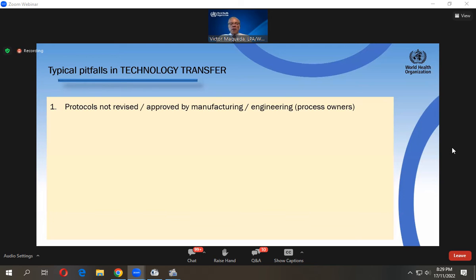The important thing is to understand which is the impact, or what should each approver or reviewer do in terms of the document. So this is a typical one that is part of the tech transfer problems. Of course, we could have test failures, maybe qualification studies not documented, again, data integrity issues.